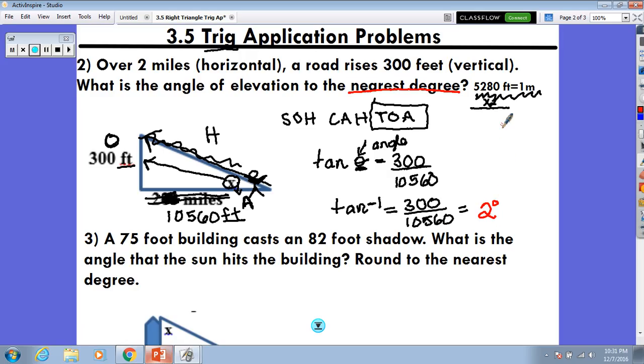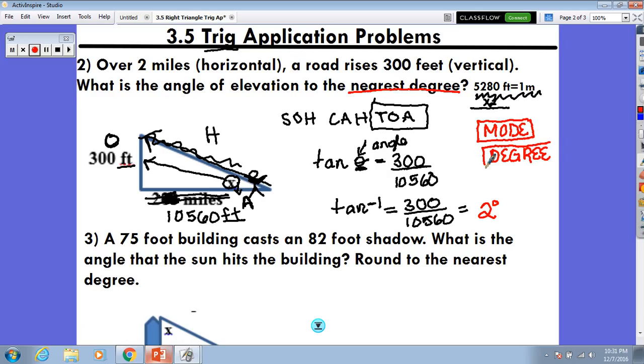I forgot to tell you to check your calculator and make sure that your mode was in degree mode. So make sure, just to be sure, if you did not get 2 when you round it, then you need to hit this button. Your mode button is right next to your blue button. You need to go down to the third row and make sure that the word degree is highlighted.